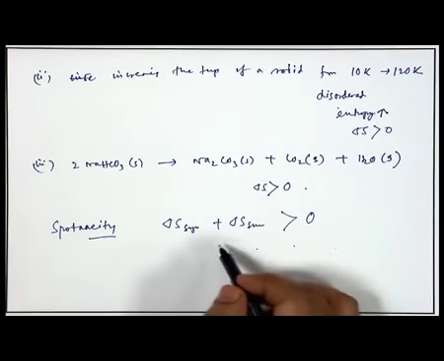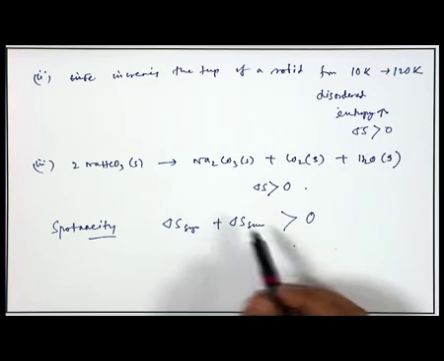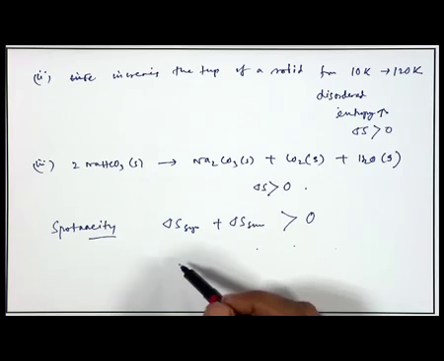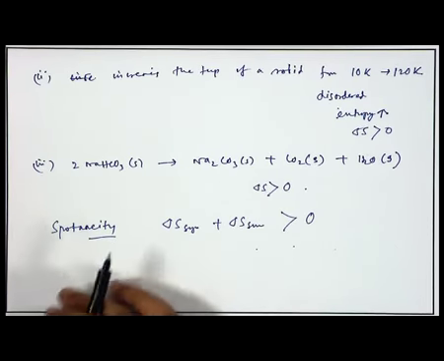Now, we cannot always look at the surroundings, because in some cases the system is an open system or a closed system. So, we will try to get some parameter which will focus only on the system, so that we can determine the spontaneity based on a property only of the system, and that we will talk about in the next class.